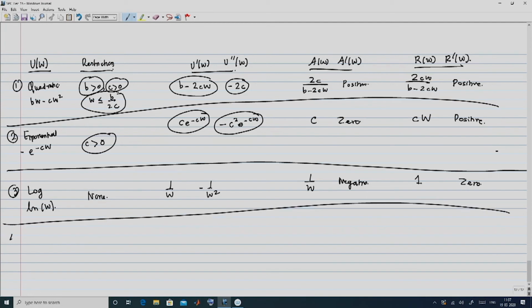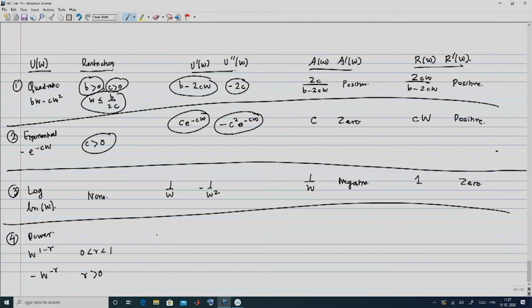And finally, we come to what is known as the power utility, and you look at two forms of this. We can either have w raised to 1 minus gamma, and the restriction being gamma between 0 and 1, or we can have minus w raised to minus gamma, which means gamma is going to be positive.